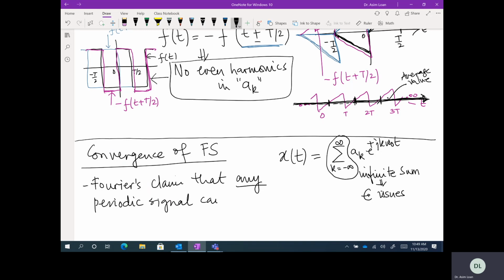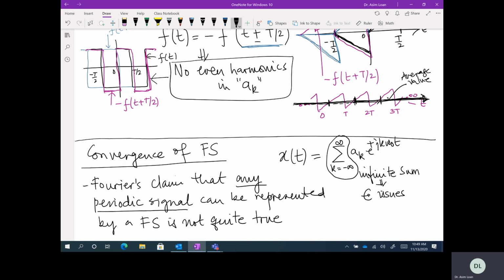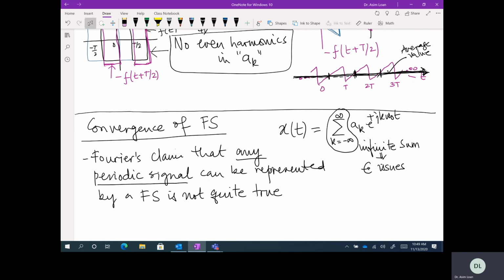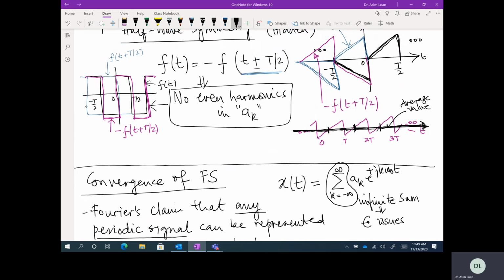The scientists at that time asked how it is possible that sines and cosines, which are continuous signals, when they sum up, give rise to a discontinuous signal. This square pulse is actually a discontinuous signal. These are the discontinuities.